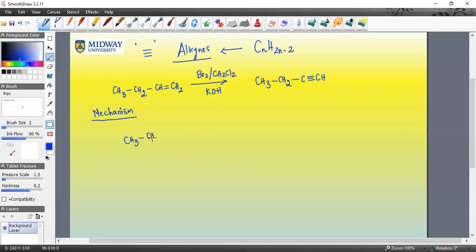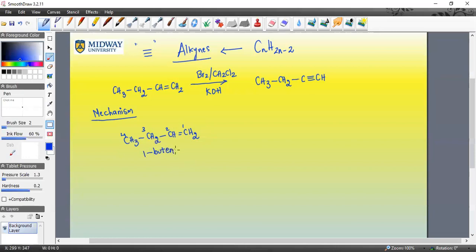Typically what's written on the top is what is first used. Typically what's written on the bottom is used consecutively. So the first part of the reaction is this alkene. If you're wondering what the name of it is, it's 4 carbons, 1, 2, 3, 4. So it's 1-butene, right?